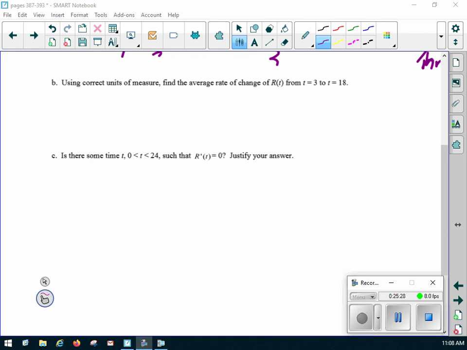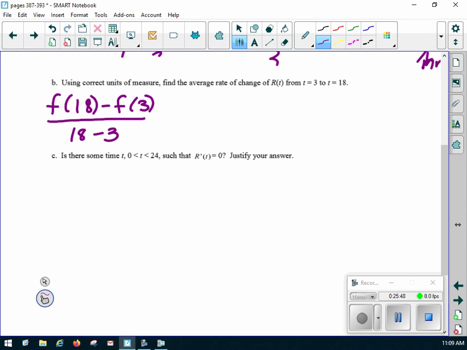Using correct units of measure, find the average rate of change of r of t from 3 to 18. How do we find average rate of change? f of 18 minus f of 3 over 18 minus 3.